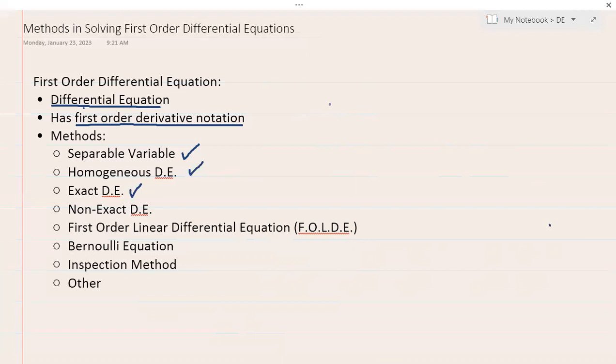You will know if they are exact if the partial derivative of M in terms of y is equal to the partial derivative of N in terms of x. So, sino si M at sino si N? Okay, like sino si M at sino si N?